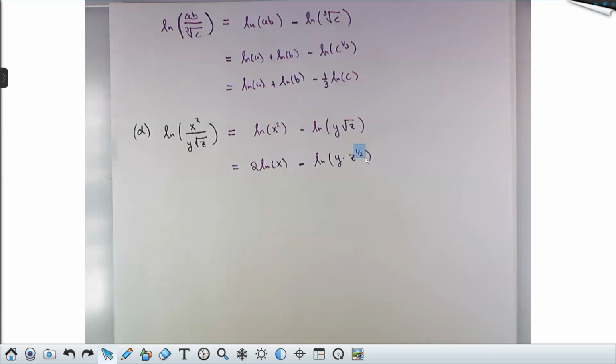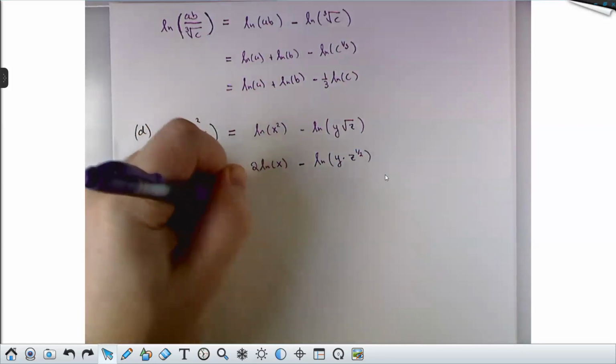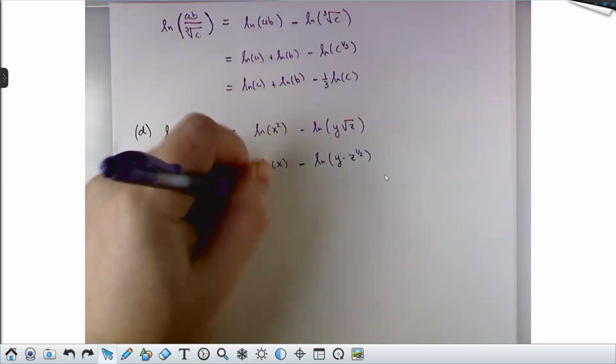So the 1/2 can't come out at this step. What I can do with this piece, because it has some multiplication inside, is rewrite it as a sum of two other logarithms. The ln of y times z to the 1/2 is the ln of y plus the ln of z to the 1/2. And I'm going to write this down, and then we're going to look at it carefully.